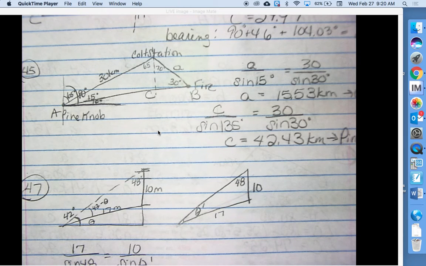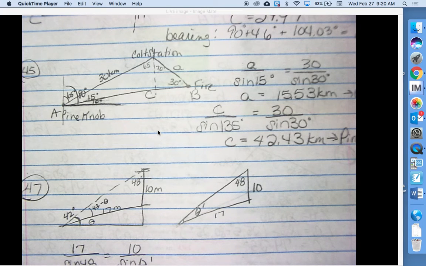So they gave you two angles on the right side of that triangle. And then I used the law of sine. So I took the A over the sine of 15 degrees, set that equal to 30 kilometers over the sine of 30, and that gave me the 15.53 kilometers. And then I did the same thing with the other side as well.